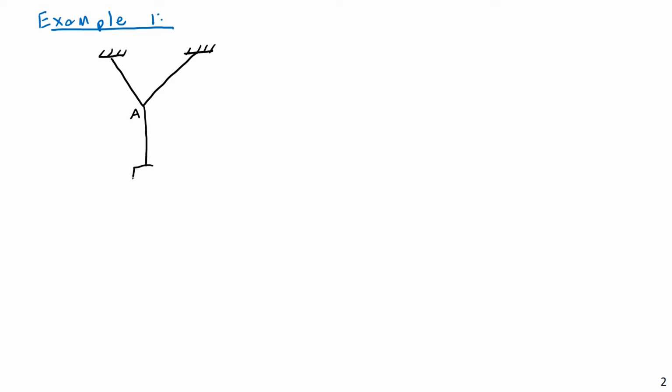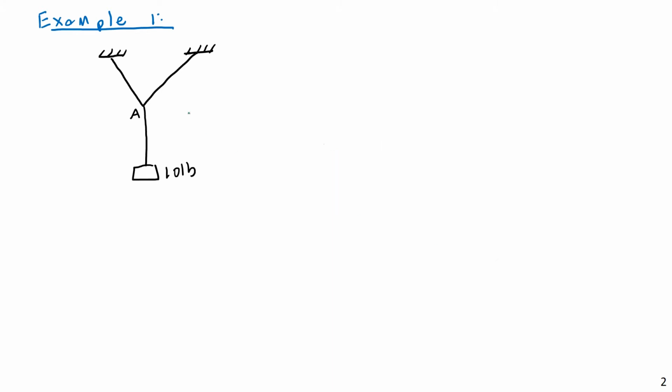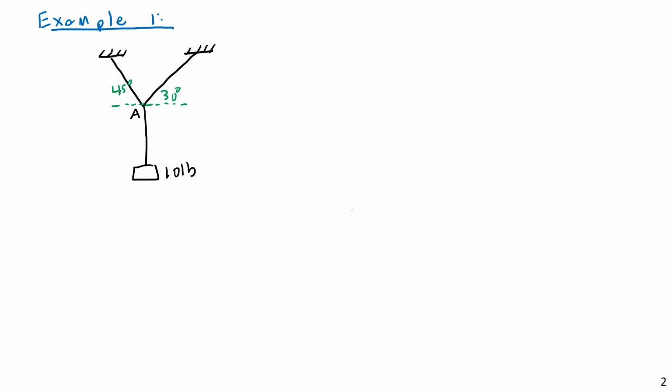Let's say this weight is 10 pounds. Let me indicate some dimensions. Let's say this rope is at an angle of 30 degrees, and this one is at an angle of 45 degrees. All this is given, and we need to say what we're looking for. Given the above, find the force in the three ropes.